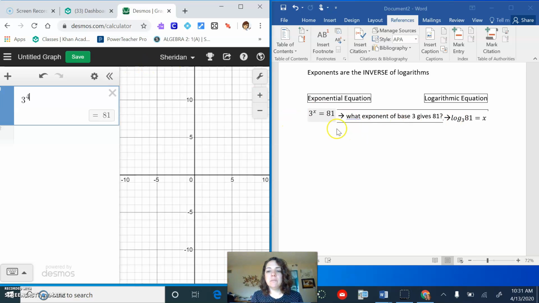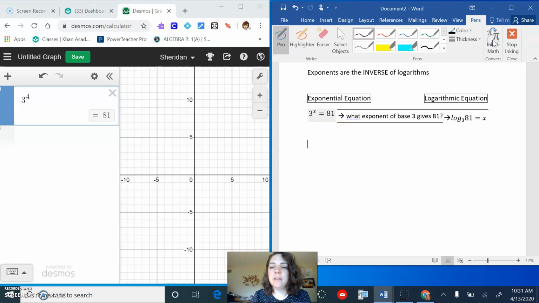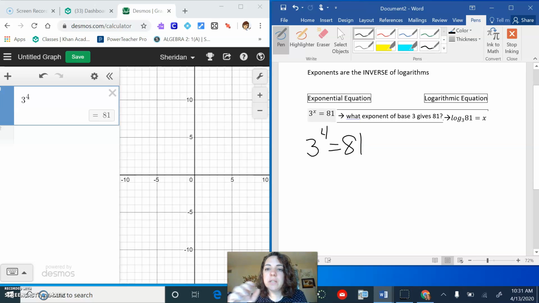Okay, so here, if I was going to write in the answer then, see if it'll let me write on here, okay. What this means is 3 to the power of 4 gives me 81, right? So if I write it in logarithmic form of the same equation, the log, which just means what exponent, of base 3, and it has to be a little guy slightly below the word log, it's the opposite of an exponent, right?